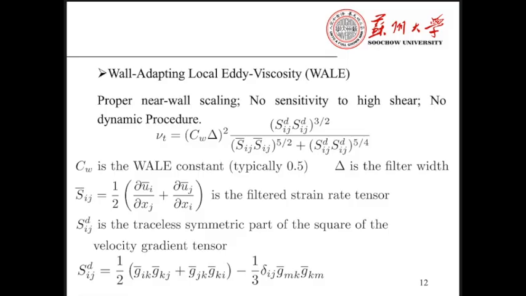So here are the equations of the WALE model, where C sub W is the constant and delta is the filter width. S ij is the filtered strain rate tensor, and S ij d is the traceless symmetric part of the square of the velocity gradient tensor. So it is quite complicated.